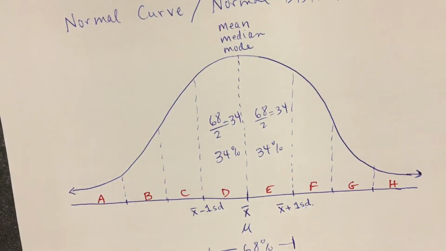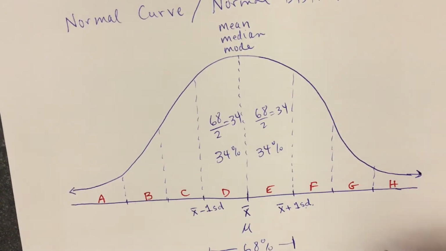Now I'm going to go after C and F. We work from the middle toward the outside. From C to F, that's 95% of the data. So I want to know what percentages go in C and what percent goes in F. Let's see. Oh, I can do this.